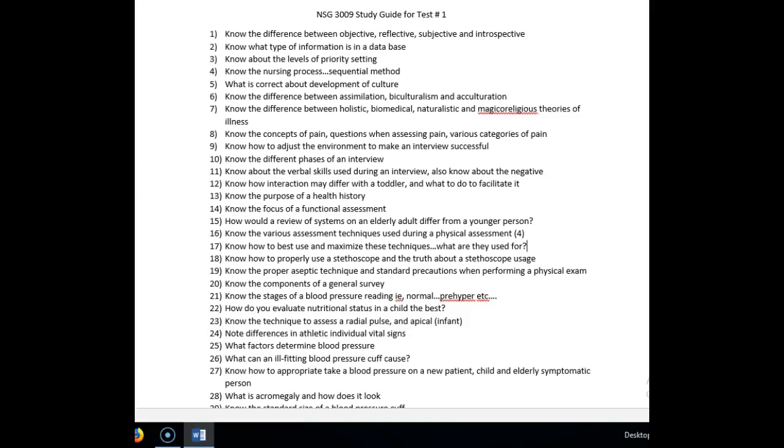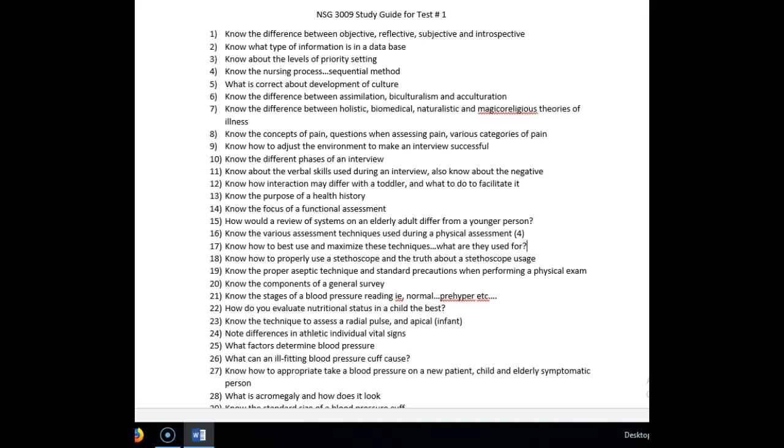Question number 1 says, know the difference between objective, reflective, subjective, and introspective. So those definitions. Subjective data, we all know, is what the person says about him or herself during history taking.